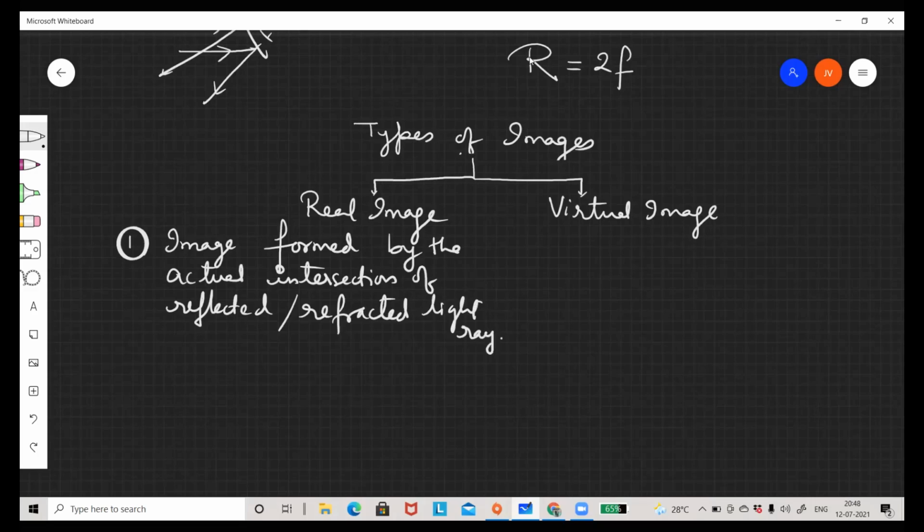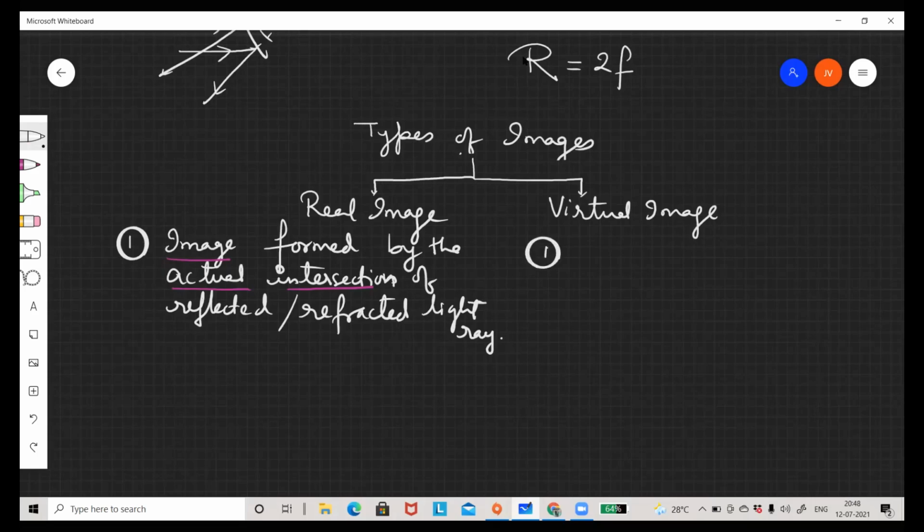So this is the definition of a real image. A real image is that image that is formed by the actual intersection of reflected or refracted light rays.